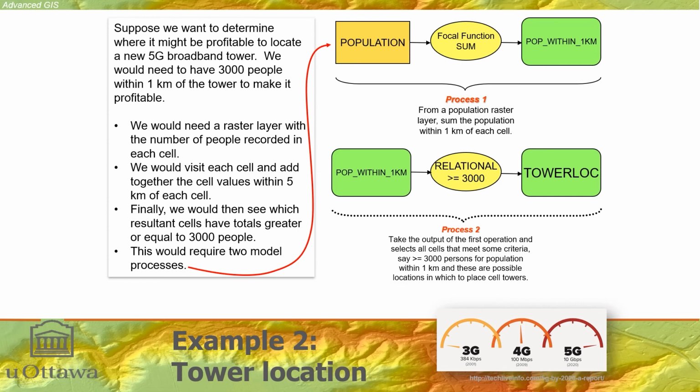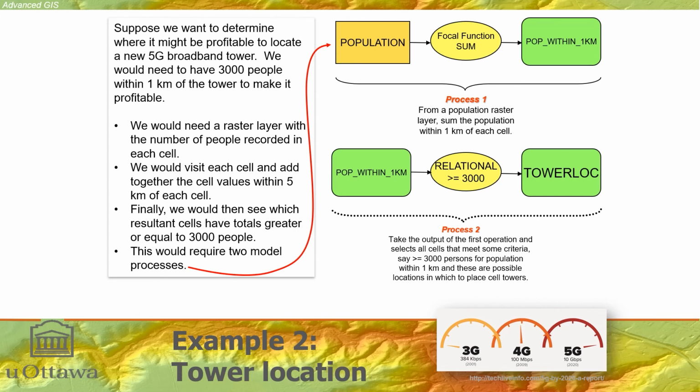So the business analysts have found, based on looking at costs, return on investment times, and profit, that we would need to have 3,000 people within 1 kilometer of the 5G tower in order to make it profitable at an accepted time in the future.